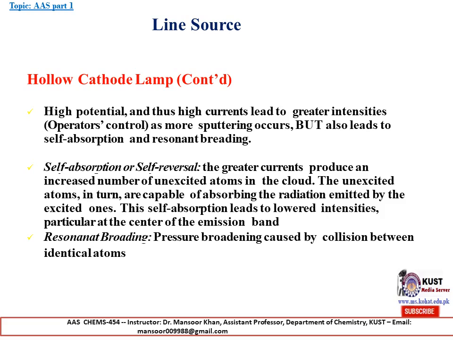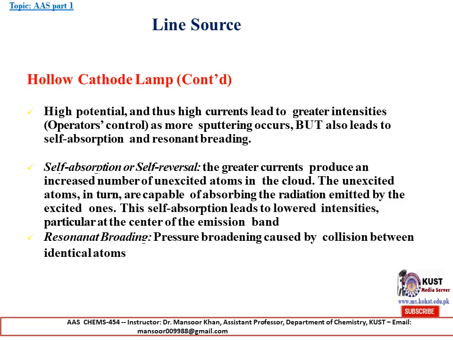So this is the specification of hollow cathode lamps: greater intensity can be obtained by using them. Operators can control it, as more sputtering occurs, but it also leads to self-absorption and resonant broadening. Self-absorption or self-reversal also takes place, and resonant broadening may also take place.